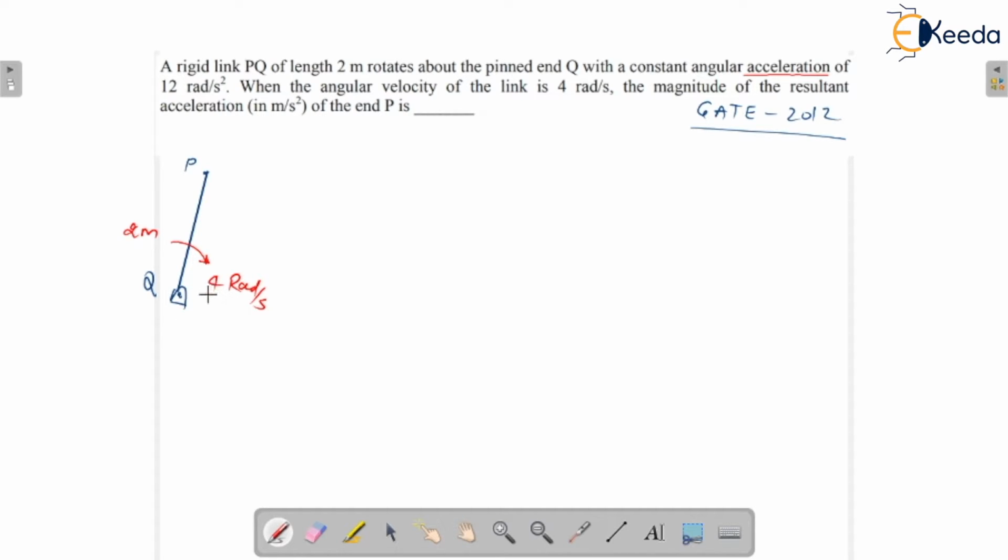If you consider the direction of angular velocity clockwise, you have to consider the same direction for angular acceleration, because it is acceleration, not retardation. If it was retardation, it would be opposite to the direction of angular velocity. But it is acceleration, so it has the same direction as angular velocity. So it is 12 radian per second square. That's why I'm talking about the acceleration term.